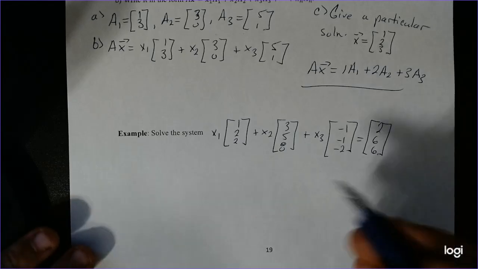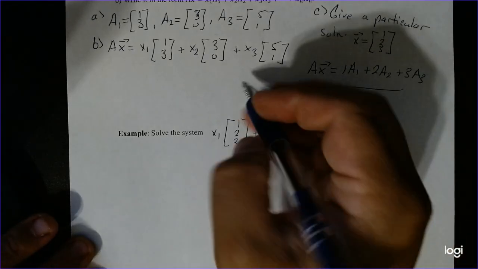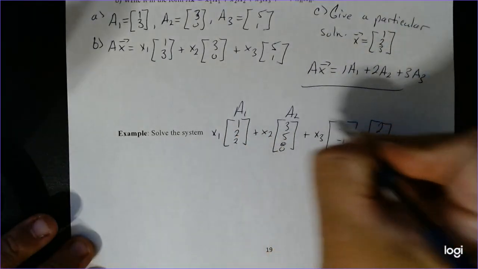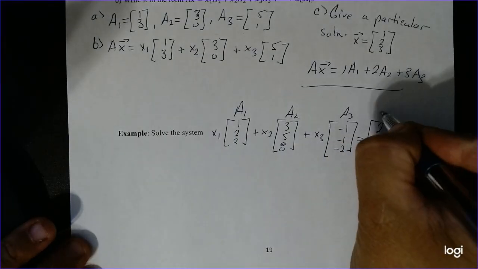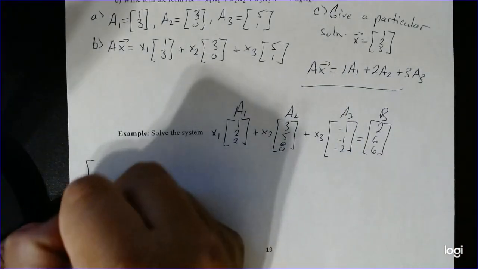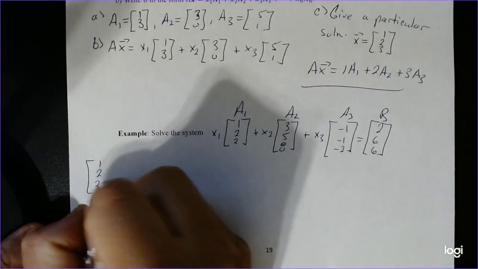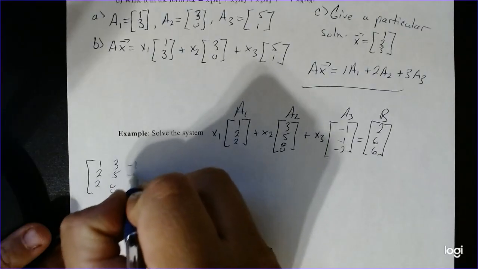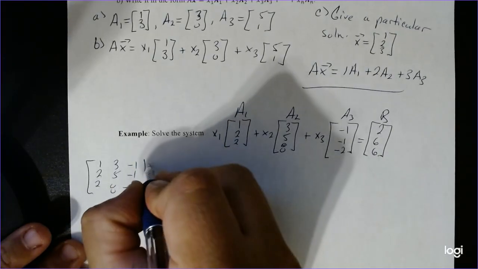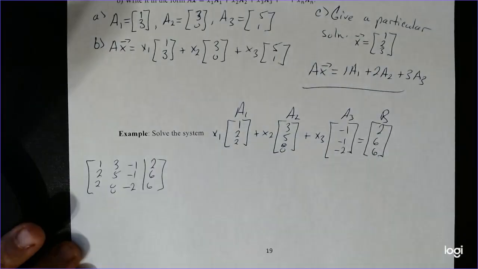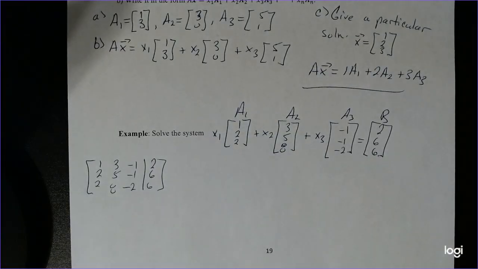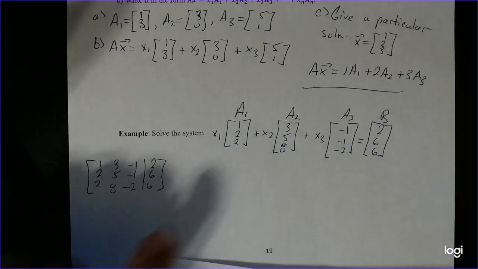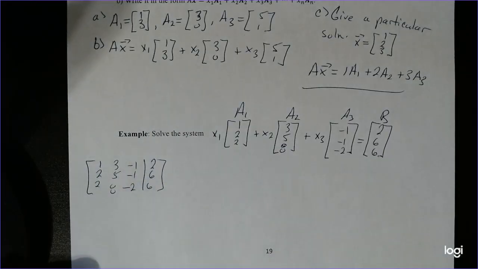What does that mean? If I put everything together, this is A1, A2, and A3, and this is just B. So I put the original matrix A together and we just solve for that, which we did earlier in the last example. I'm just showing you I can ask you in a different way now.